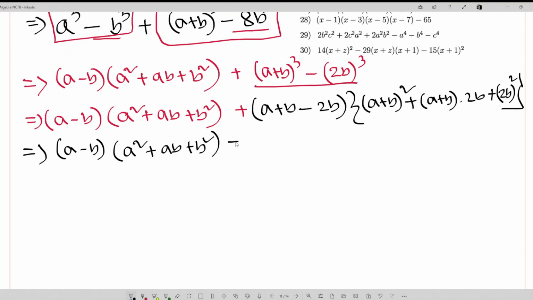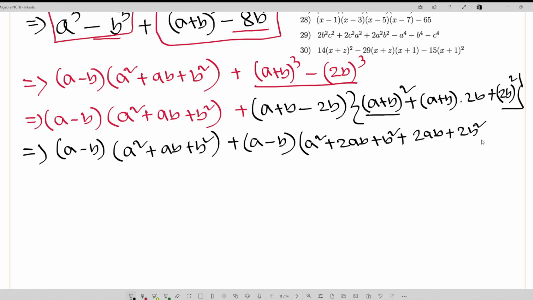Now here is a and here is plus b minus 2b, it means a minus b, and here we can make this one an (a plus b) whole square formula, so we can use a square plus 2ab plus b square, plus here is a, here is 2b, so we can write 2ab, and here is plus b and 2b, so once we multiply it will become 2b square, plus here is 4b square, right?